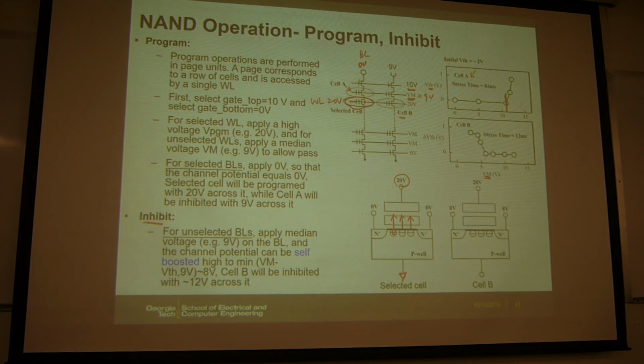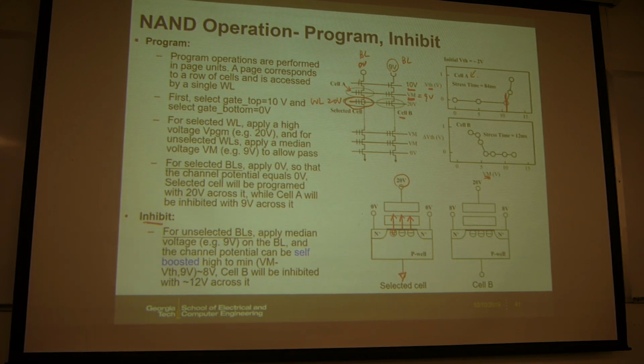We need to inhibit cell B. So the only way to inhibit cell B is to raise the potential of the cell B's channel to some medium voltage, for example 9 volts. So we want to apply like 9 volts to the bit line of the cell B.